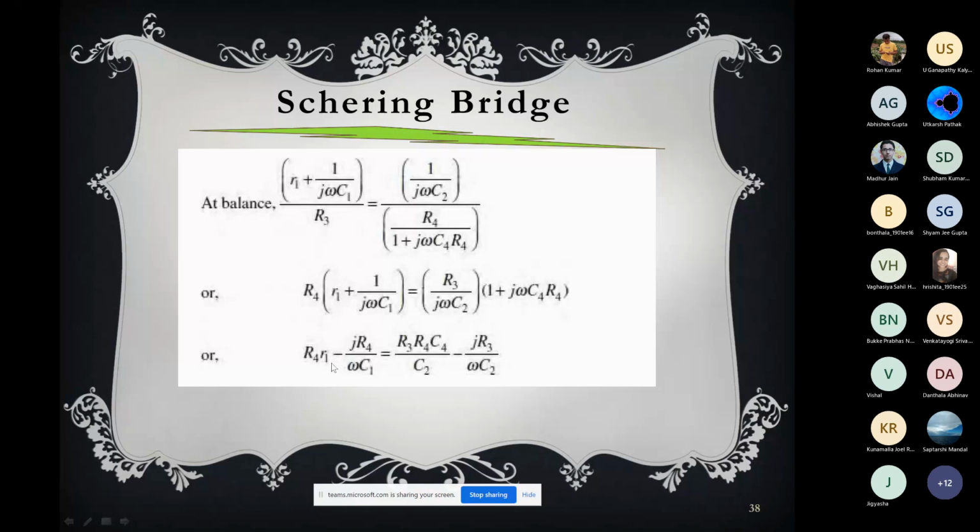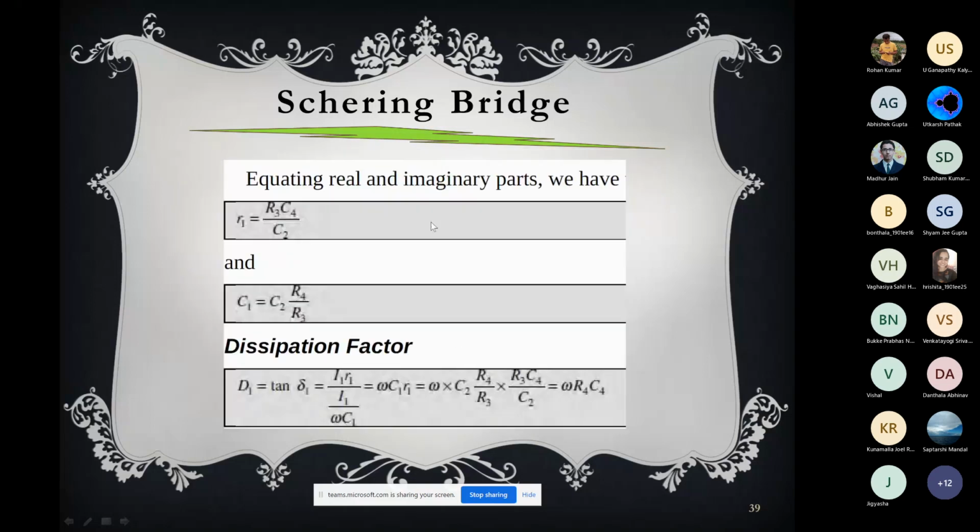And from there, from real and imaginary parts, you will get small r1 will be r3 C4 by C2, and capital C1 will be equal to C2 r4 by r3. So from these two expressions, you see that from this bridge, the small r1 and capital C1, which are unknown, both can be determined, and the dissipation factor can easily be determined by means of omega r4 C4.